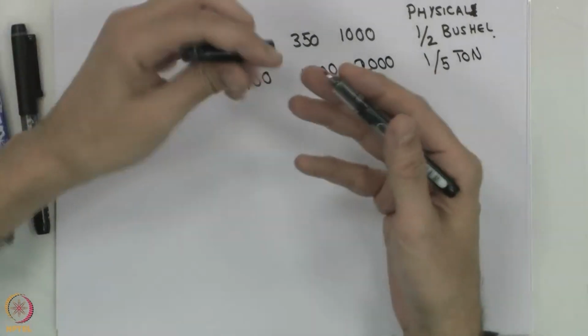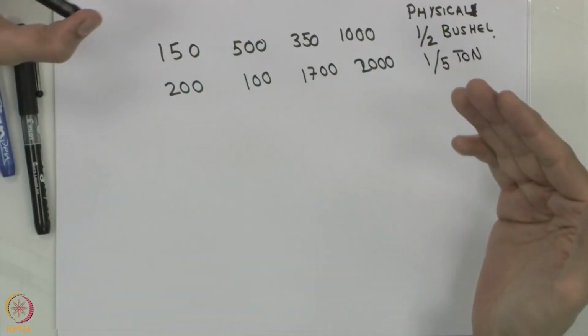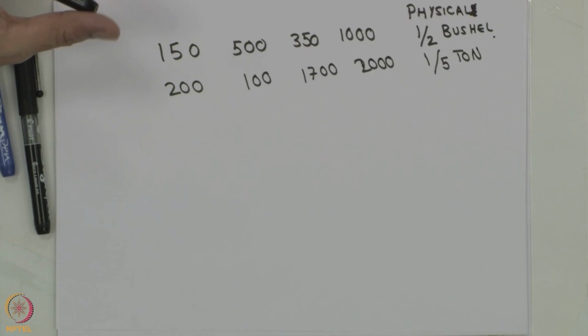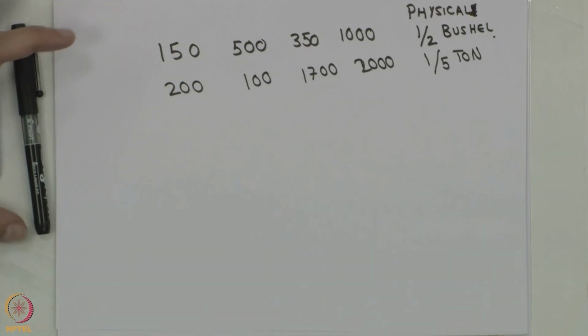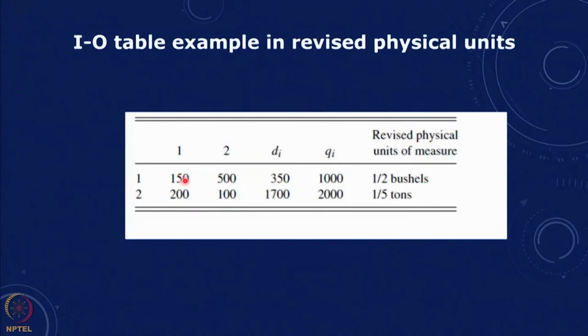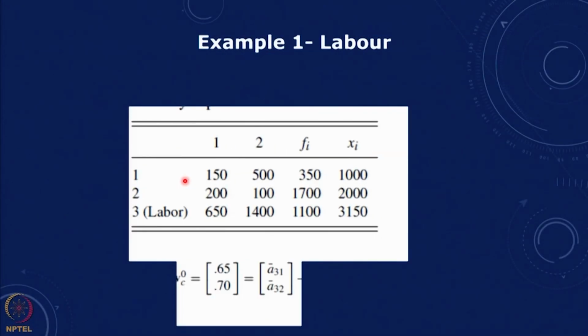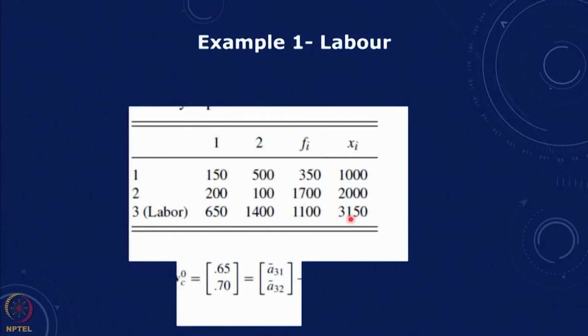So, we can actually move between physical and money terms, and there are certain cases where we can also look at this in terms of hybrid units, where you have both physical as well as money terms. Now, if you remember in the column, the last rows are the different payment sectors. One of them could be wages, and this is the wages, 650, 1400, 1100, 3150.